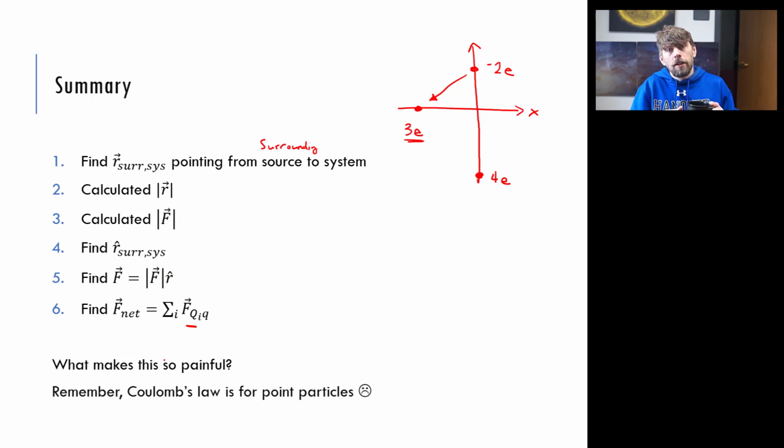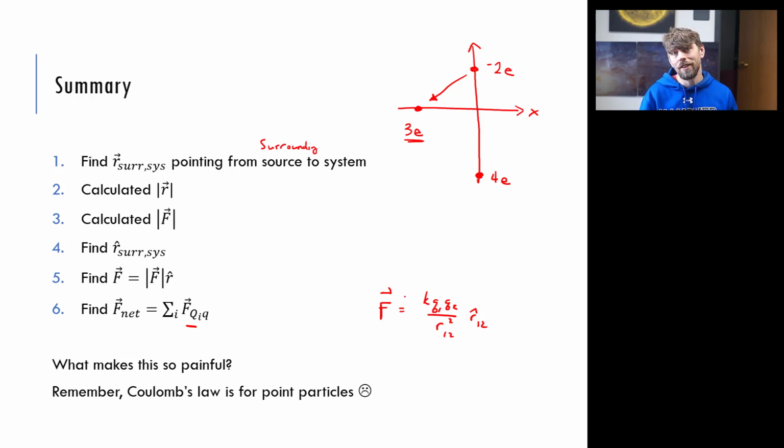Now, the other thing that I should point out is remember that Coulomb's law that we've written down and discussed is only for point charges, right? These Q's that we find in Coulomb's law are only for point charges.